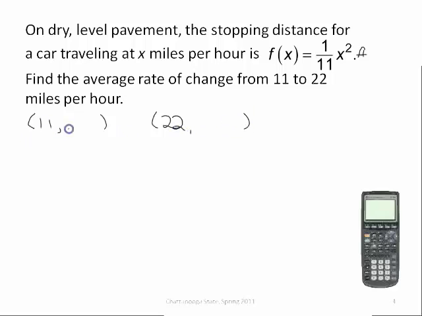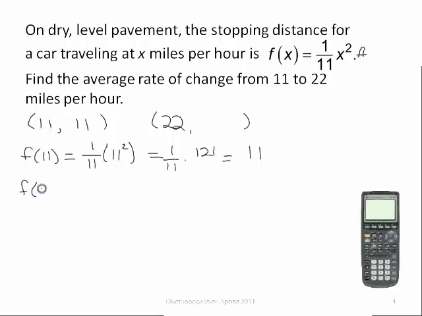So in order to use those, I need to know my y values that go with them. So I have to plug into my function to get the y values. f of 11 would be 1 over 11 times 11 squared, which is 1 over 11 times 121. So that I know will be 11. And then f of 22 is 1 over 11 times 22 squared.